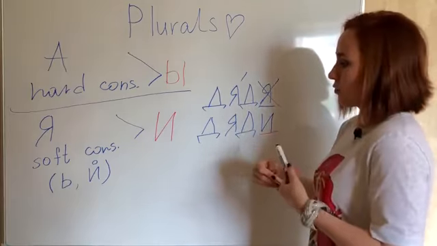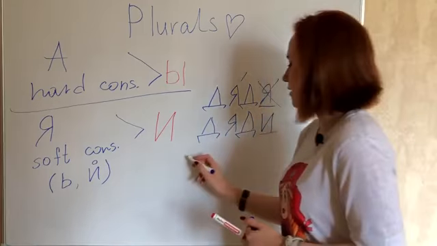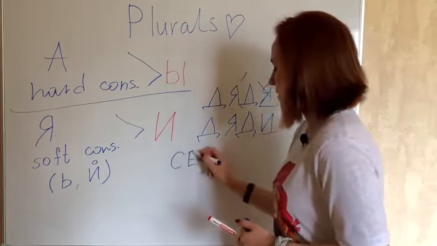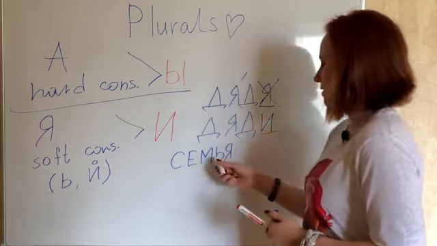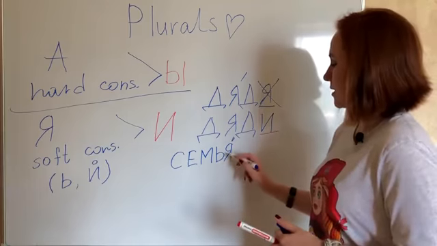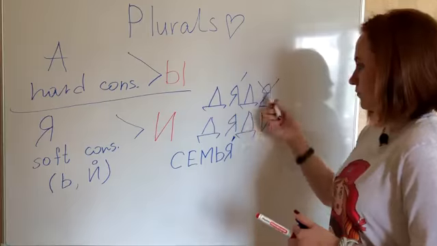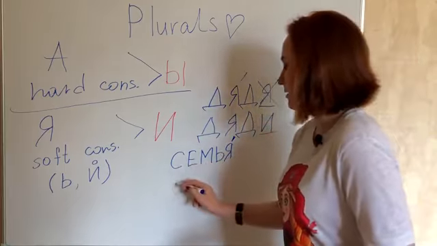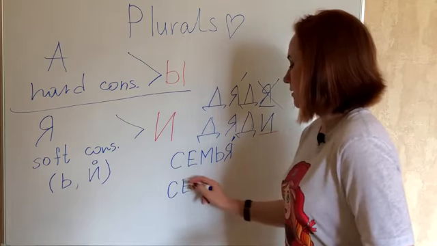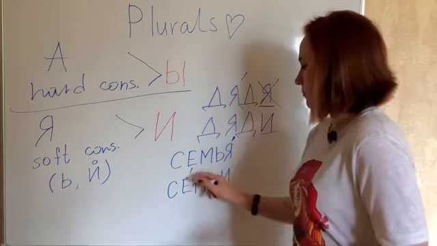Or maybe the word family, семья. You, I hope, already know these words. Семья. How do you think, what do we do here? We replace Я with И. And we are getting the word семьи.